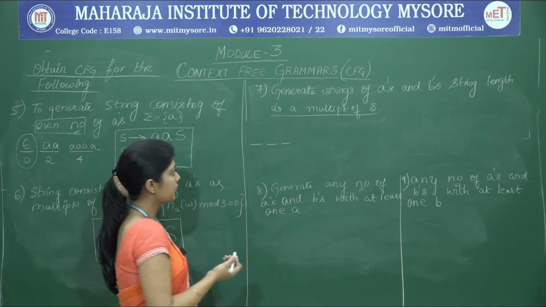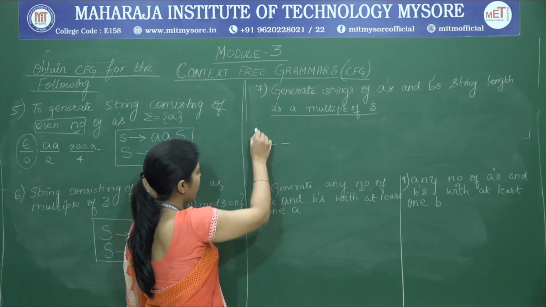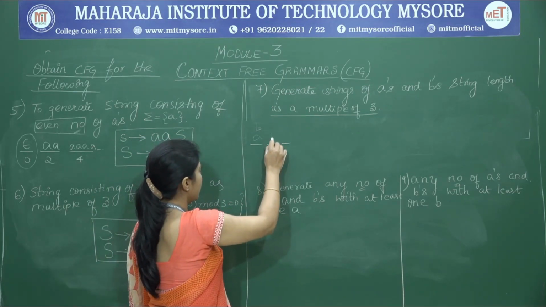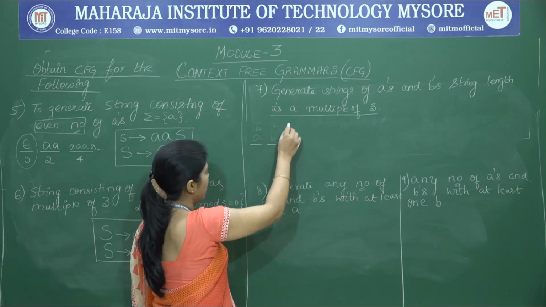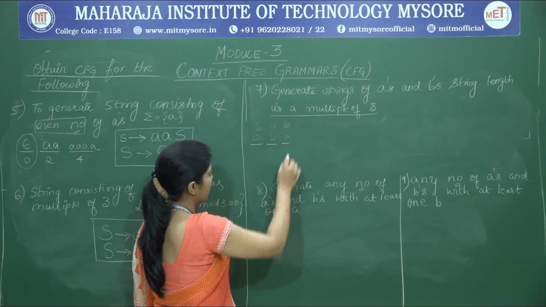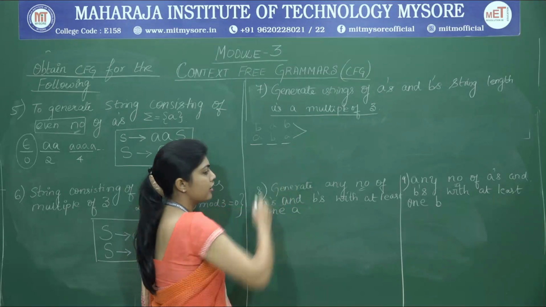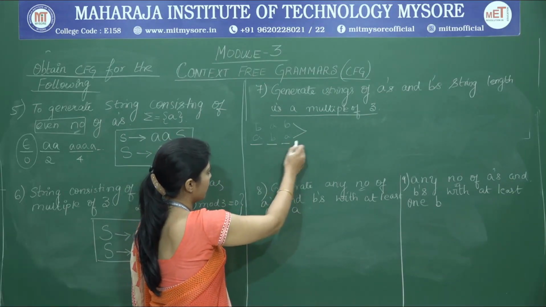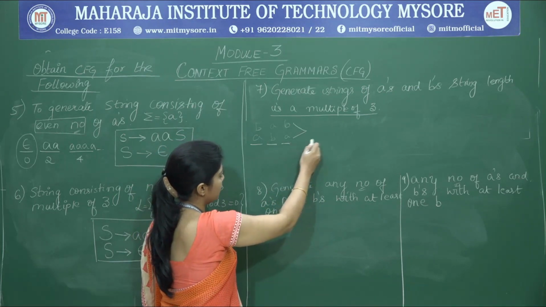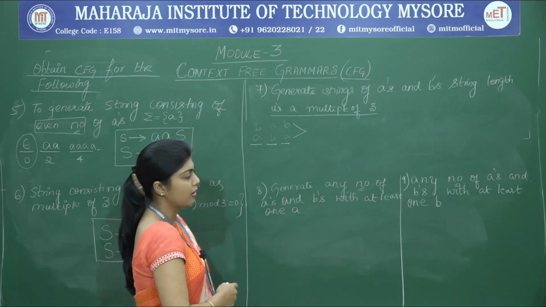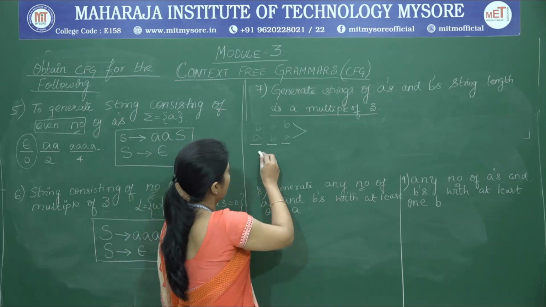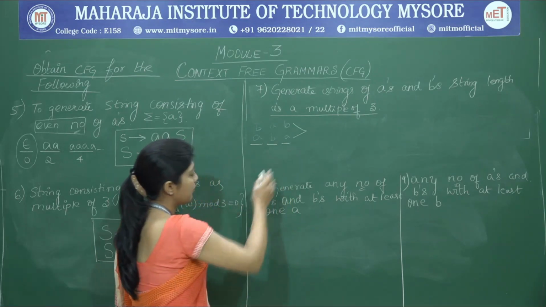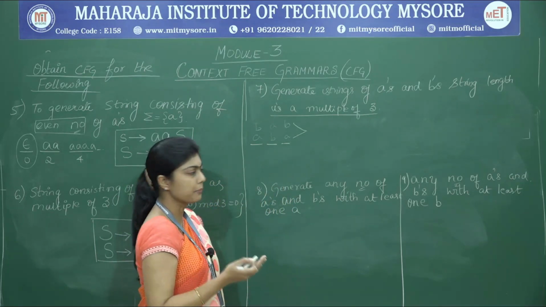These 3 places can each have an A or a B. So there are 2 choices everywhere for the 3 positions. Likewise the same thing is going to repeat for the next 3 positions and so on. Therefore all the symbols here have to be repeated in terms of 3.